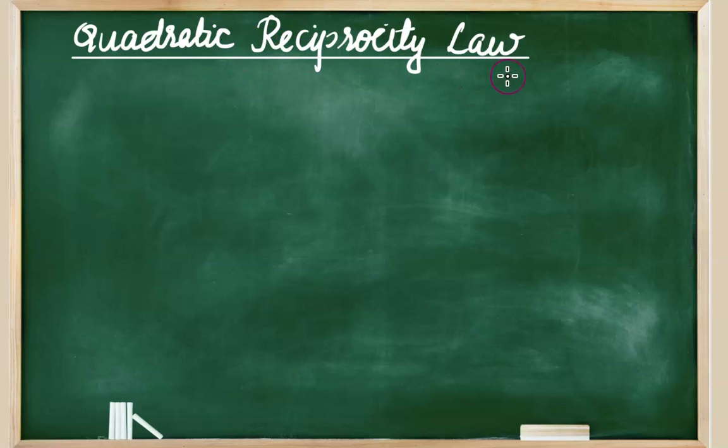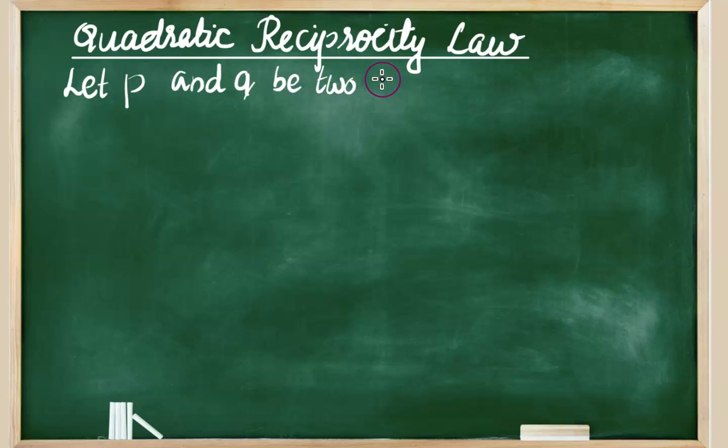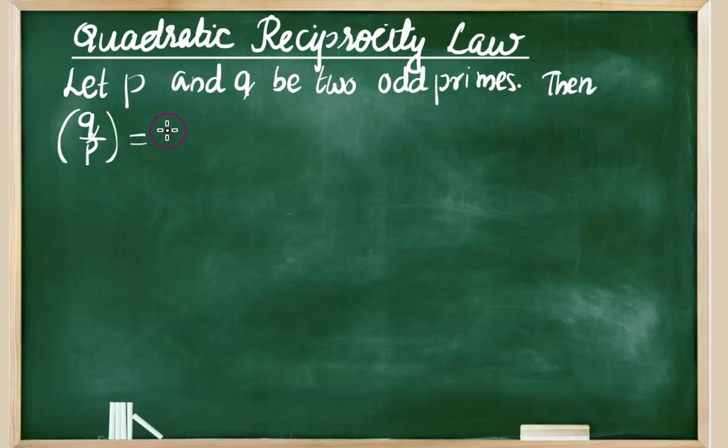Quadratic reciprocity law. The statement of this law is as follows. Let p and q be two odd primes. Then the Legendre symbol (q/p) is equal to (-1) raised to (p-1)(q-1)/4 times the Legendre symbol (p/q).